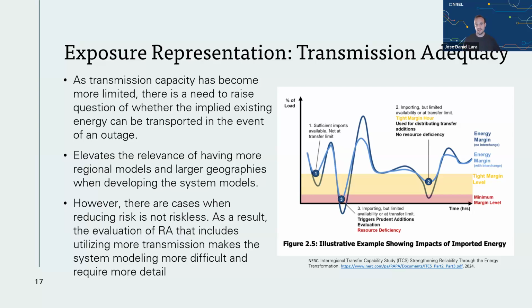And in the same way, you can have the opposite, where you live in a region that relies on transactions for resource adequacy and you ask, should I reinforce my transmission system, yes or no. So again, if you take this risk assessment perspective on resource adequacy, you realize that there are a lot of levers that can be moved, and it all matters to what the objectives are locally to your location and what the objectives of your stakeholders are.